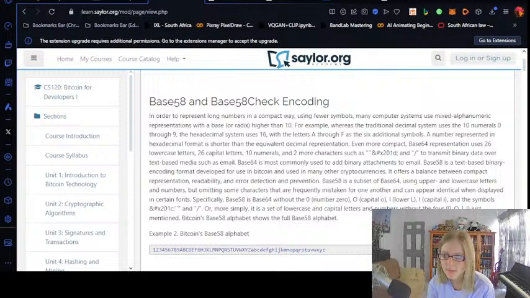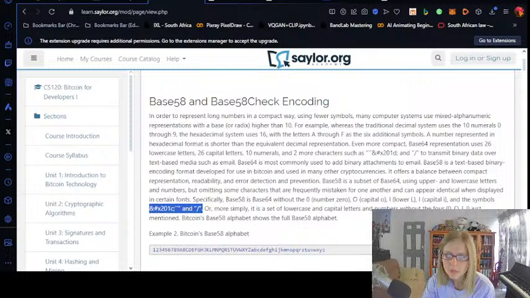Base 58 is a subset of base 64, using upper and lowercase letters and numbers, but omitting some characters that are frequently mistaken for one another and can appear identical when displayed in certain fonts. Specifically, base 58 is base 64 without the 0, as in the number 0, a capital O, a lowercase l, and a capital I, as well as the symbols, and then it's also got the symbols here.